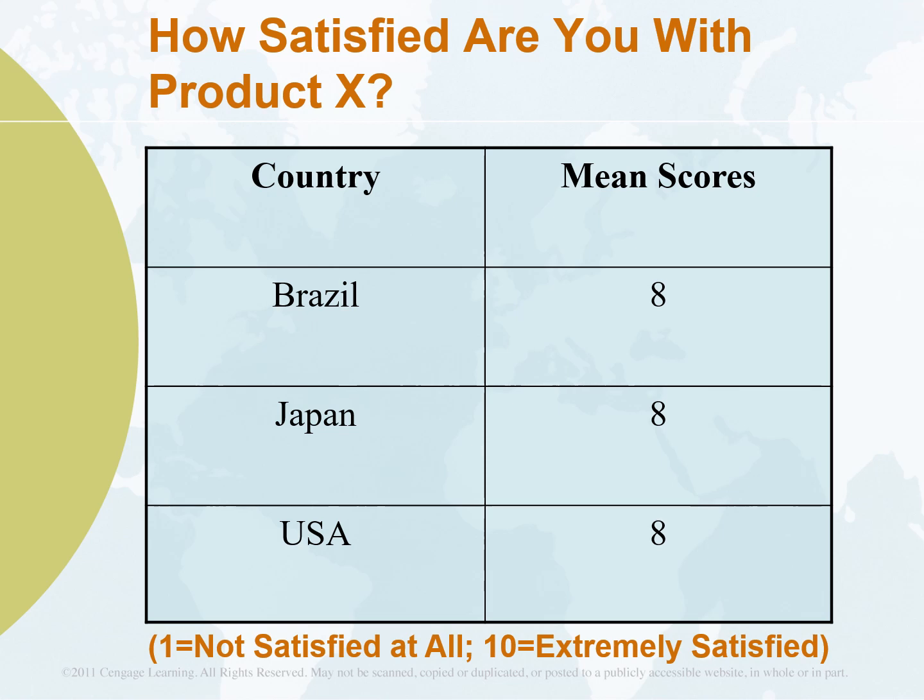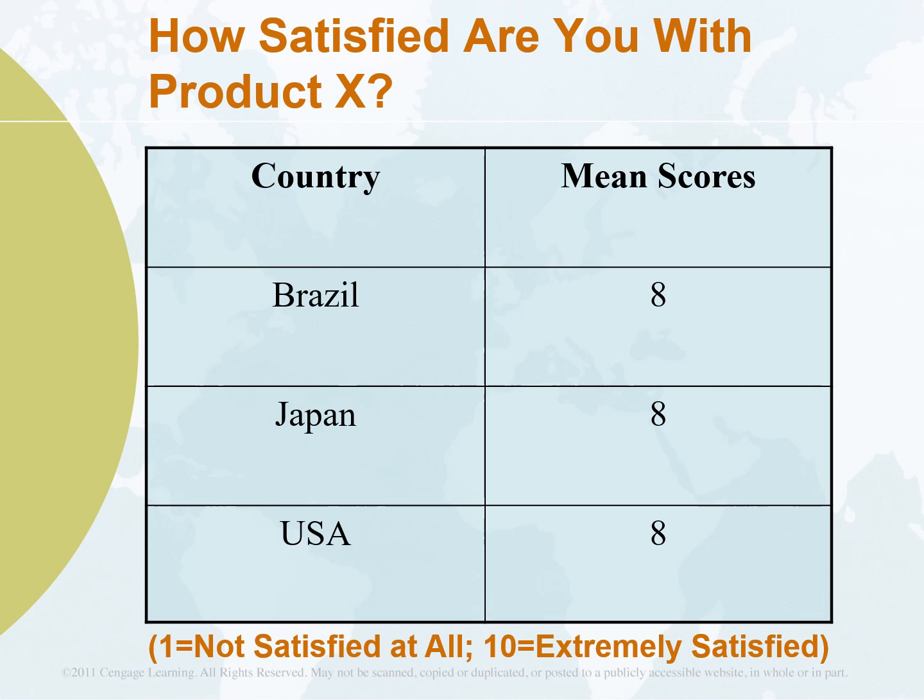Is the American 8 and the Japanese 8 the same? Not really. In America, and in Brazil too probably, we tend to express extreme feelings, very happy, very satisfied, or extremely dissatisfied. So it's easy for us to answer an 8 or 9 or 10.